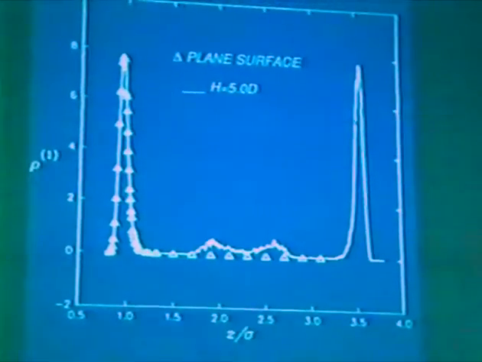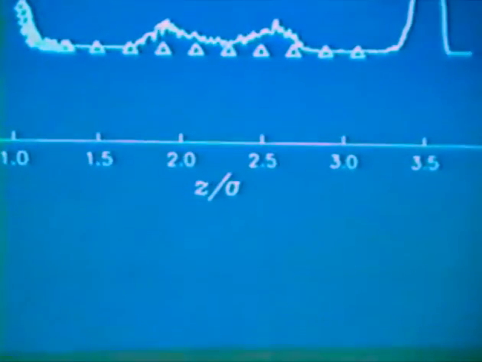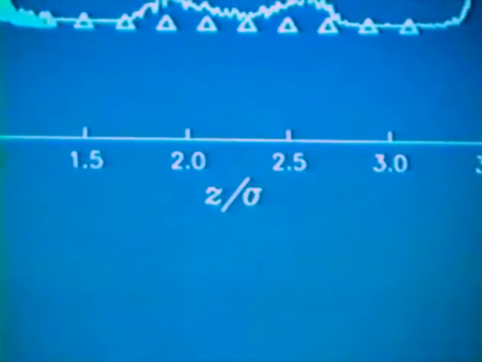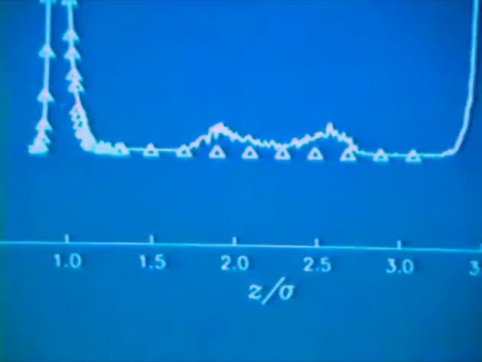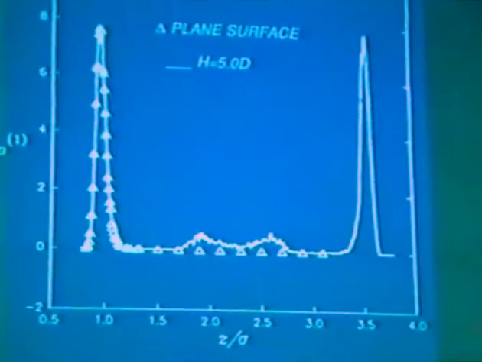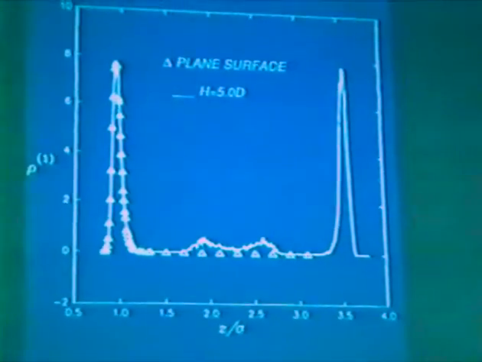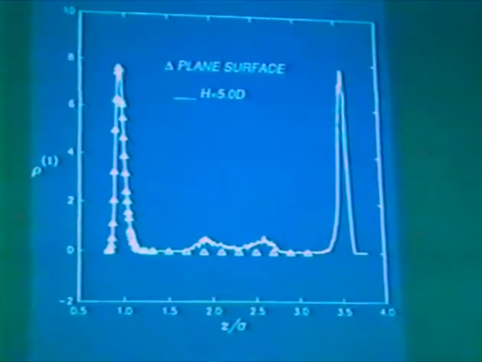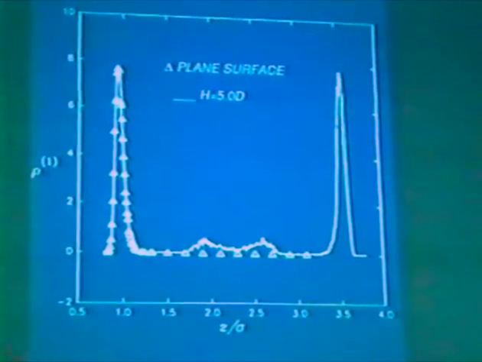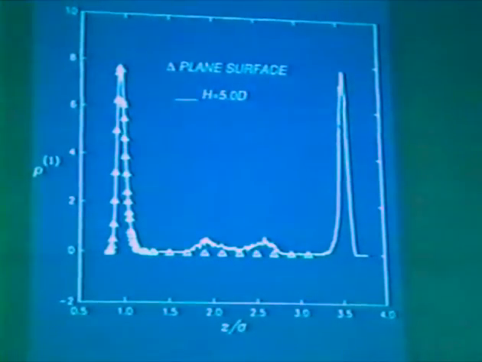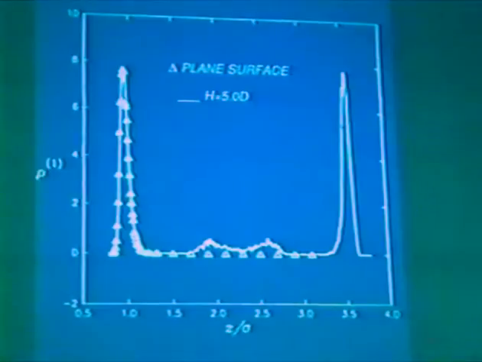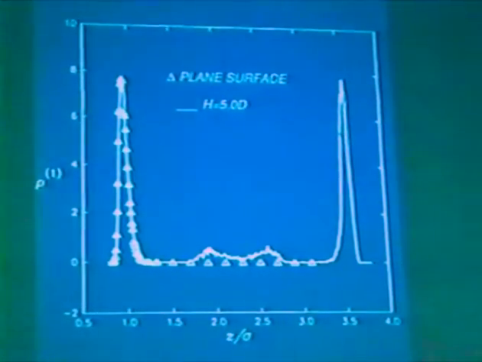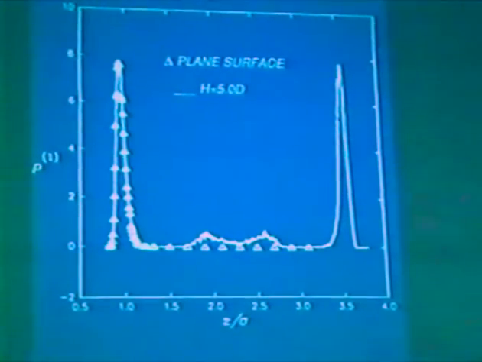This slide shows the singlet distribution function, that is the density across the pore. The triangles is the density distribution on the plane surface, and you can see that no change has really taken place in this first layer, the sharp peak, between the pore with 5D and the plane surface. But what's happening in the centre here is that the nitrogens are fighting for the space.